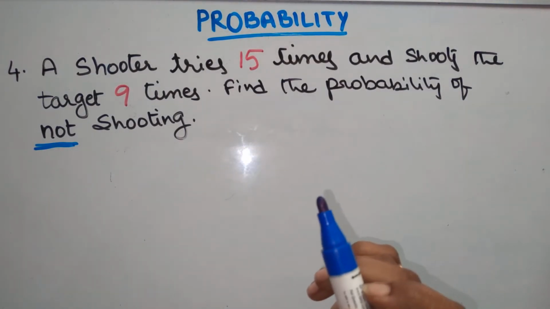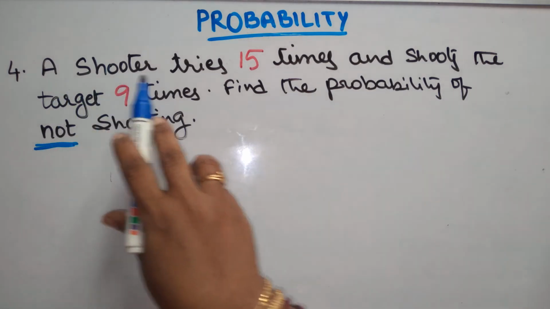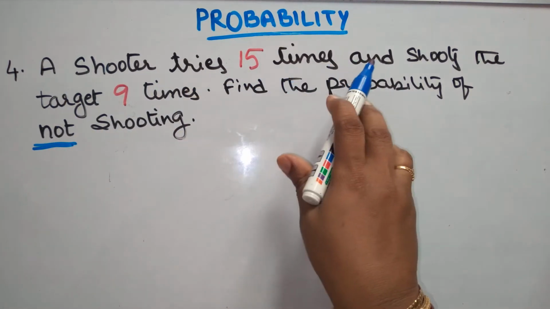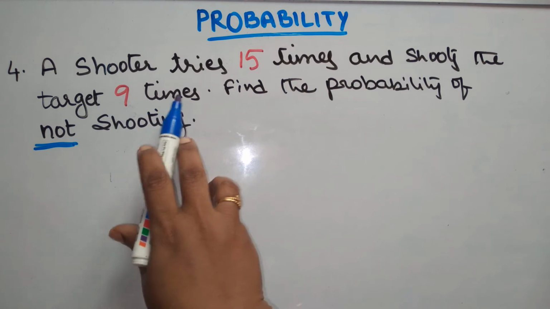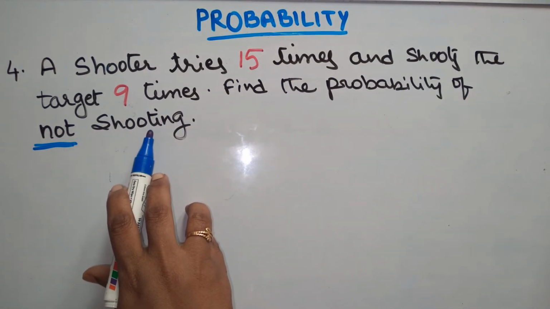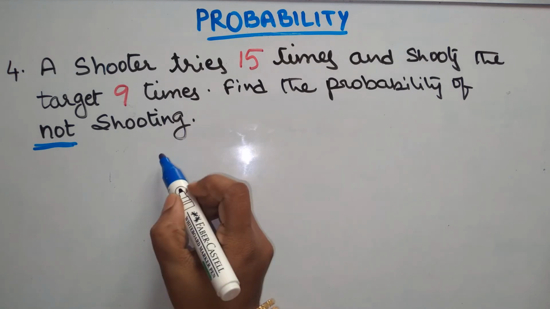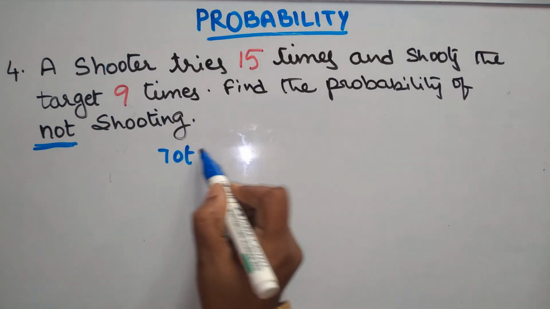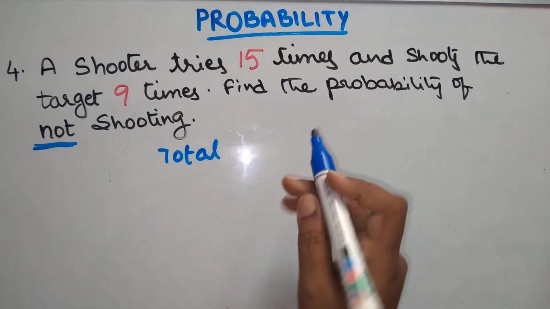Let us move to the fourth problem. A shooter tries 15 times and shoots the target 9 times. Find the probability of not shooting. Here the given data is total number of times he has tried.